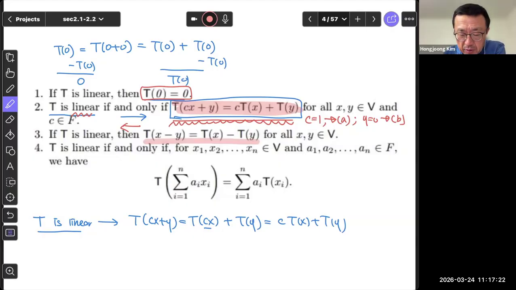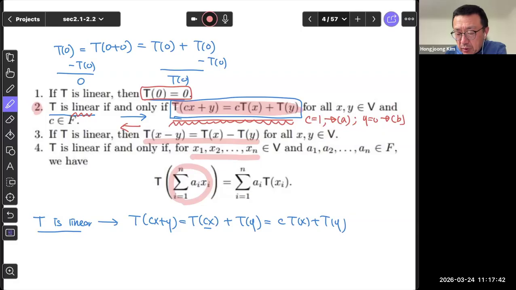And if T is linear, I can extend this statement to many vectors. So if I have, say, n vectors, then a linear combination of those n vectors can be considered within the domain, and then you can consider its mapping.